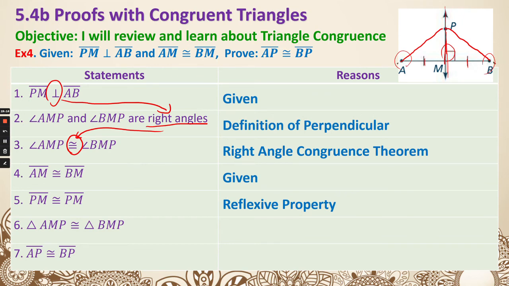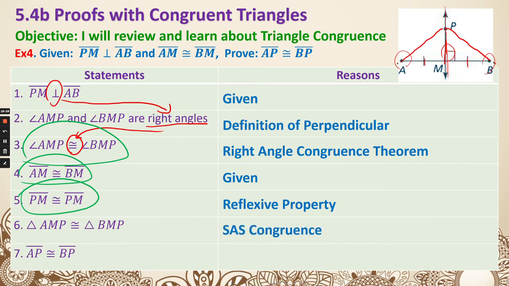And because of that, now we can say we have this angle, we have the side, we have another side. And if you look at it, that's side, angle, side. So side, angle, side congruence. And because the triangles are congruent, we can say the parts of the triangles are congruent. So CPCTC, corresponding parts of congruent triangles are congruent.